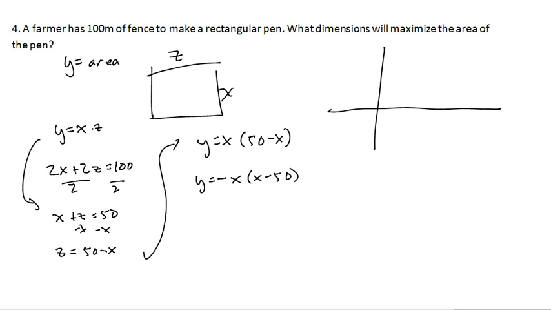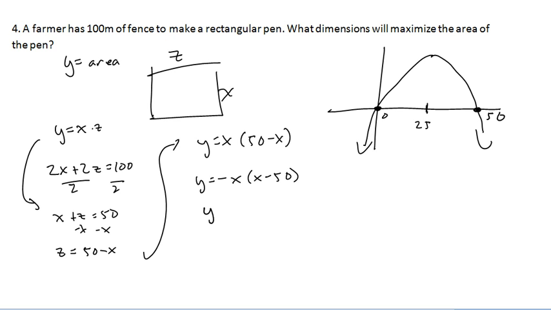We're going to have an x-intercept at 0. We're going to have an x-intercept at 50. And we're going to be opening down with a normal shape. Well, our maximum is going to occur here, at 25, because it's halfway between 0 and 50.